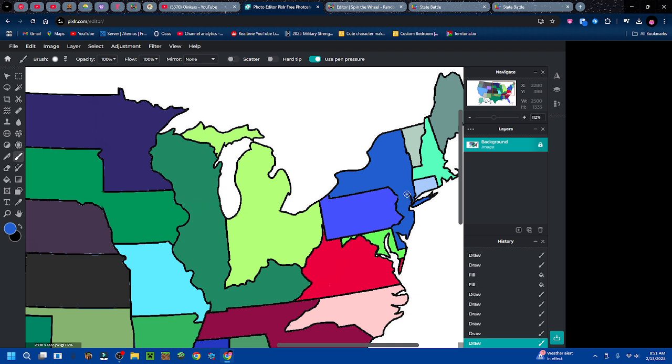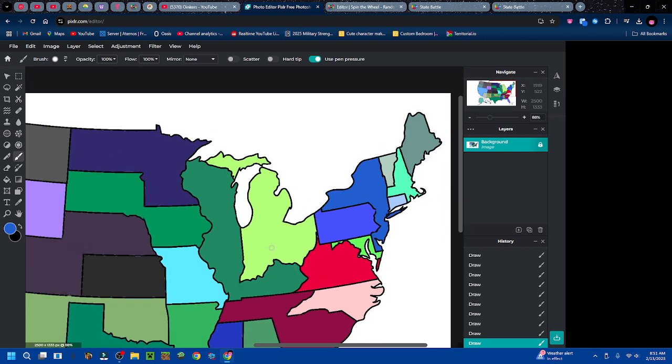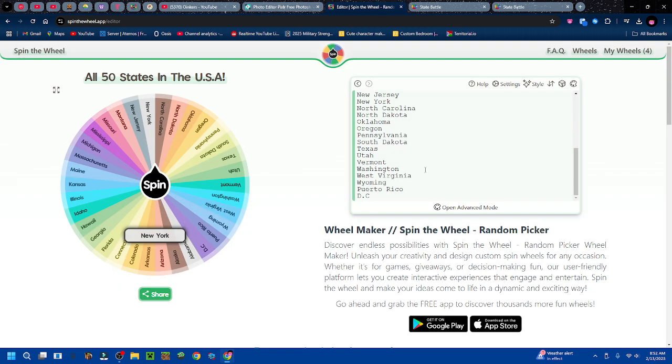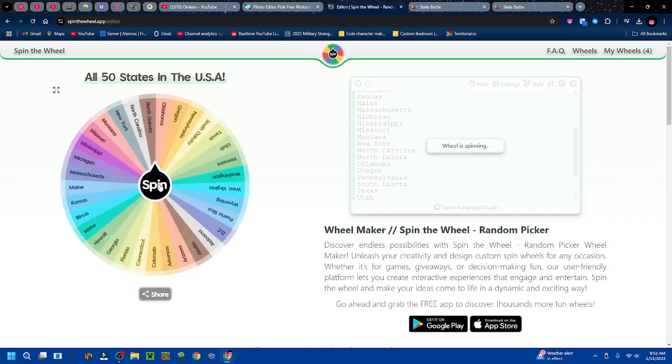Damn. All these powers are on the freaking east. You know what I'm saying? Except for Utah here. Utah's a big power. But New Jersey is out.